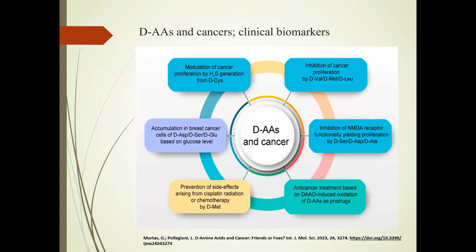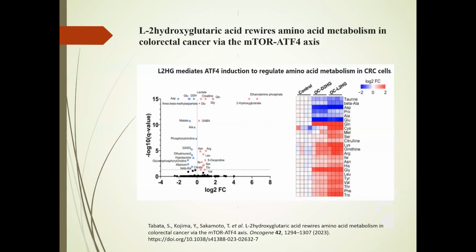At least I have a couple of papers in Nature, and you see huge interest has been paid to this issue in recent years. So amino acids are important biomarkers for cancer, especially for modulation of cancer proliferation, and their accumulation in breast cancer and in some other ways.